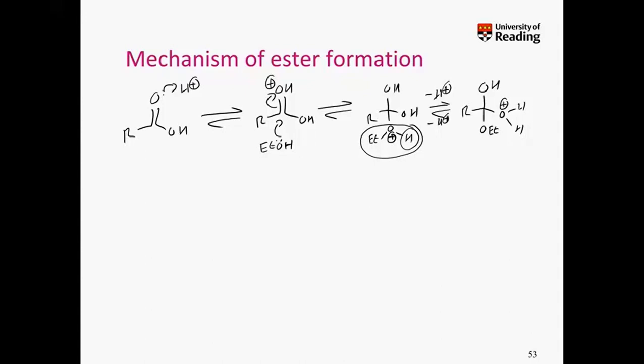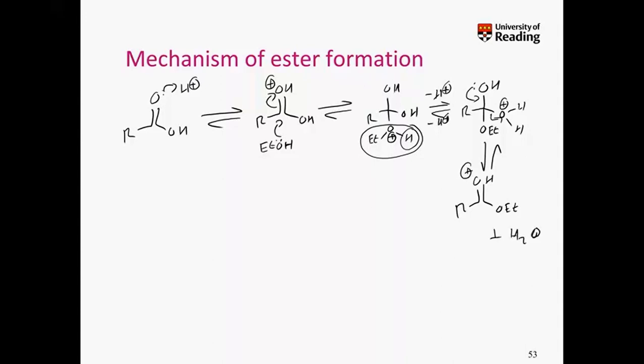At this point we can use the electrons from this OH to reform our carbonyl bond. We have OH2 plus as our leaving group, and therefore we end up with a carbonyl with a positively charged O-ethyl group, and then we have water in the reaction mixture as well.